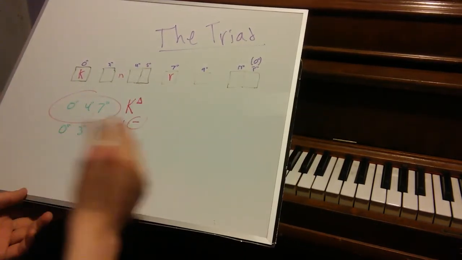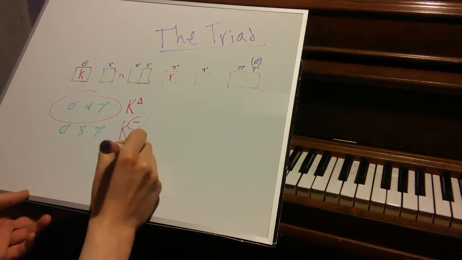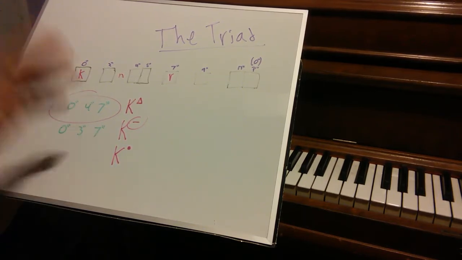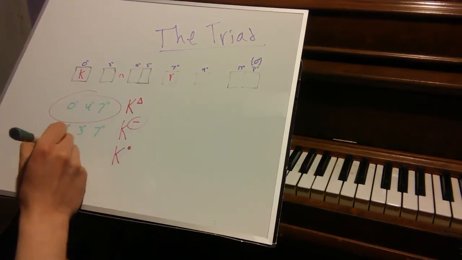So you have the major, the minor, we got the diminished. This is diminished. This is basically a hollow circle in usual notation, but since I use 0 and O, I just filled it in. So pretty much it's a very similar symbol. In fact, the minus symbol can also be used.